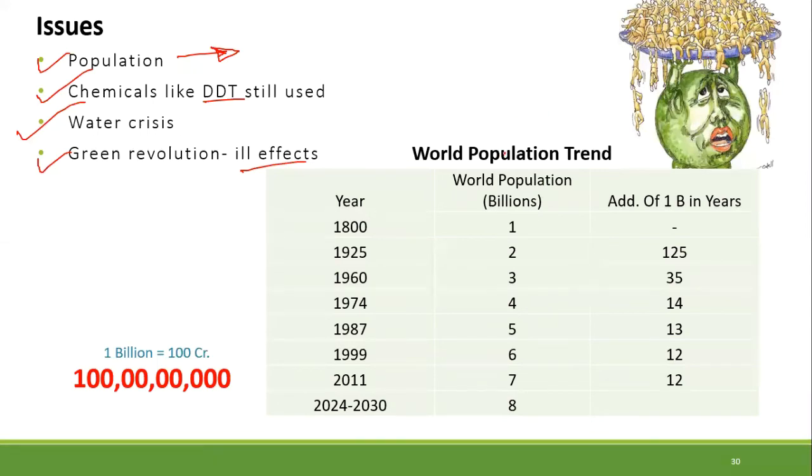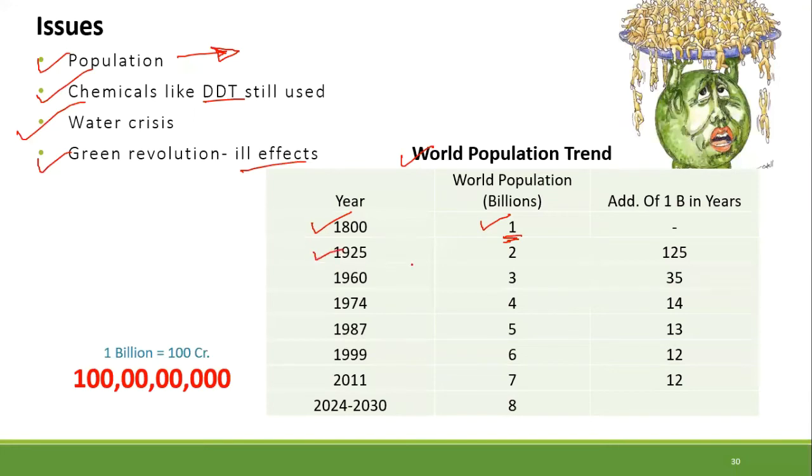So this is the world population trend. Please give your attention to me for just 1 minute. In the year 1800, so we are going back almost 220 years, the total world population was only around 1 billion people.